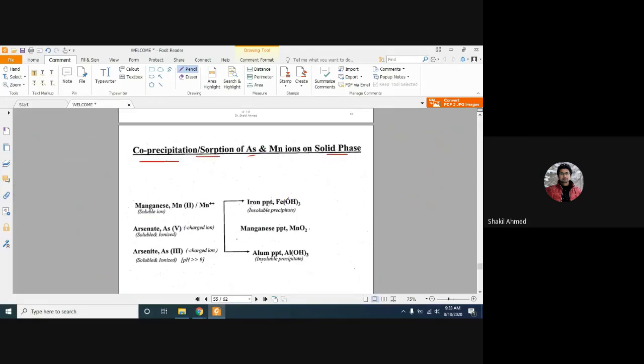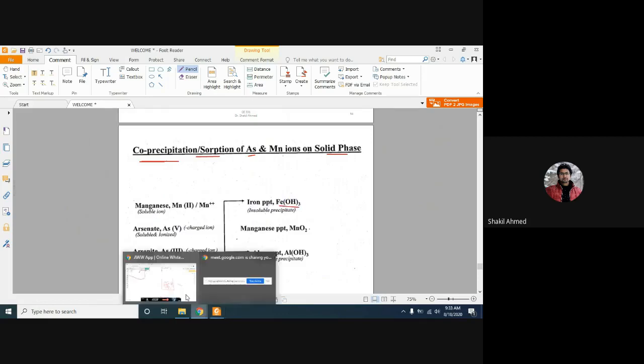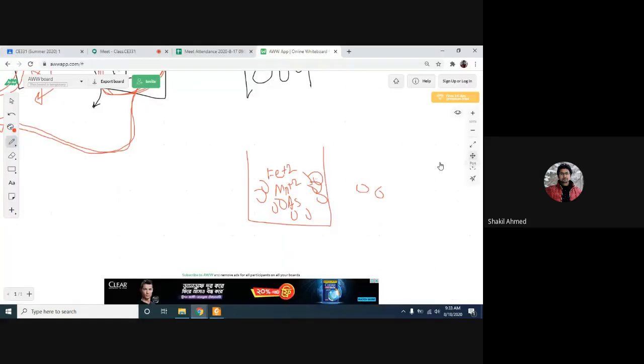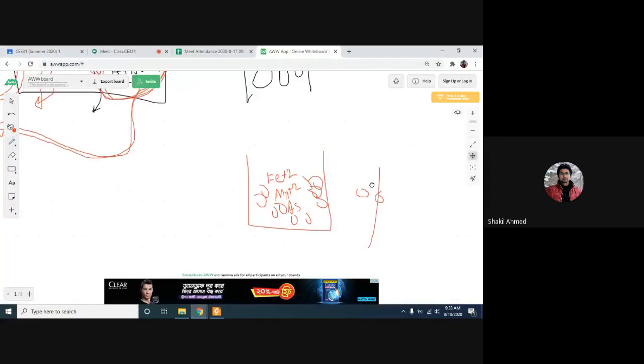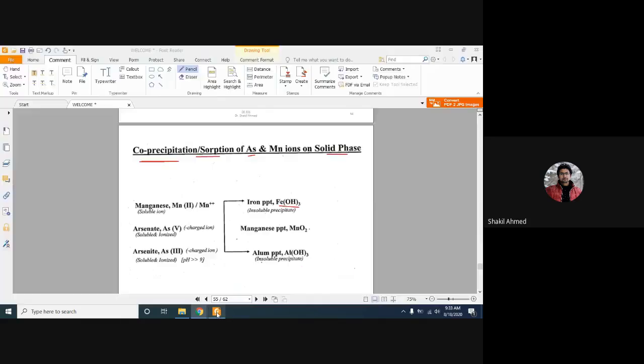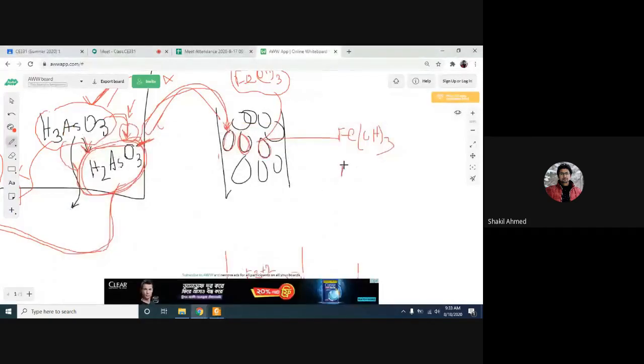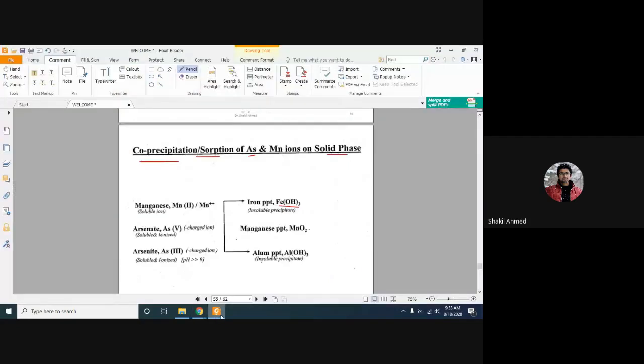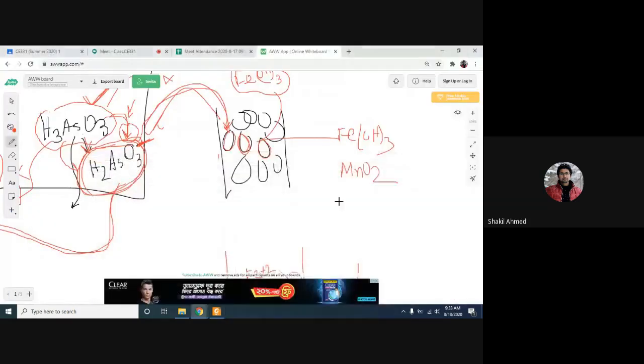So this ferric oxide coating, as I told you, can be of ferric hydroxide, or it can be of manganese oxide, it can be of aluminum hydroxide also.